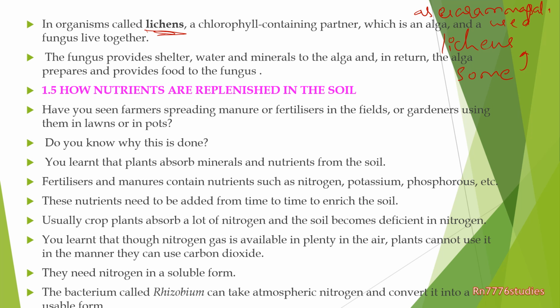Some lichens are used as garam masala also. We'll see how later. A chlorophyll containing partner, which is an alga, and a fungus live together. That is, algae and fungus live together. Here, what is happening? Symbiosis.